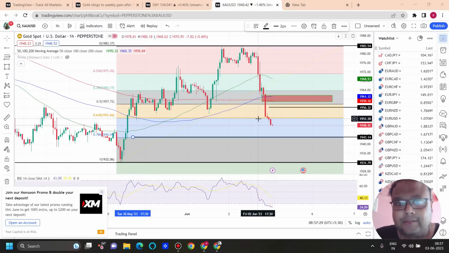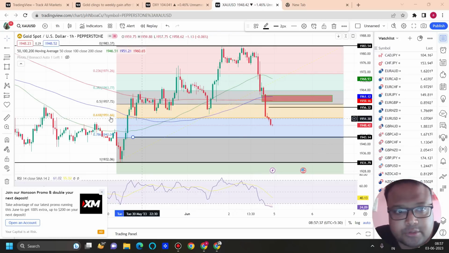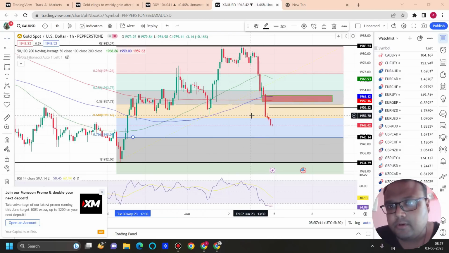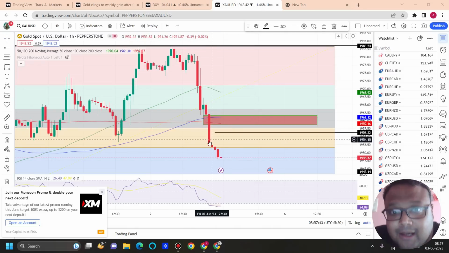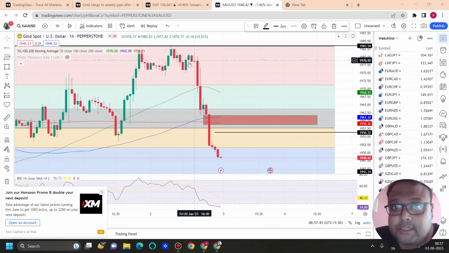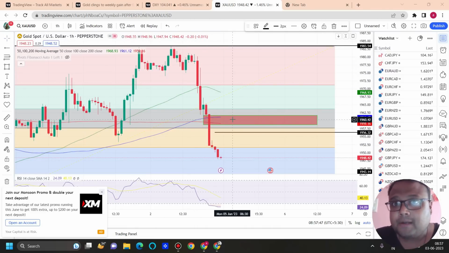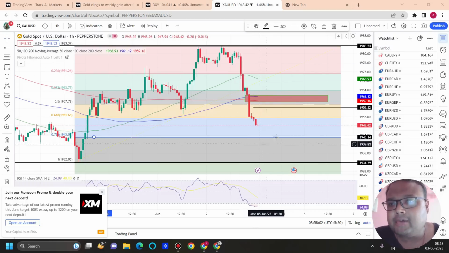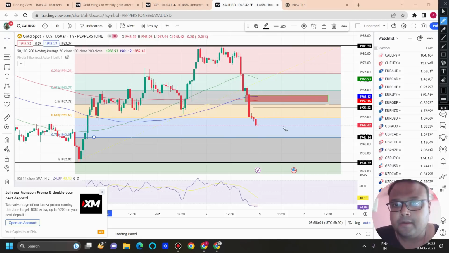And lastly, when the market came to 61.8, selling pressure was too much, but still you can see that the market tried to bounce. This all happened under the influence of news. So on Monday, when there will be no impact of news, you can definitely expect a temporary bounce around the 1943 level here.